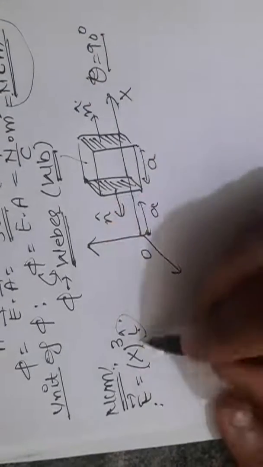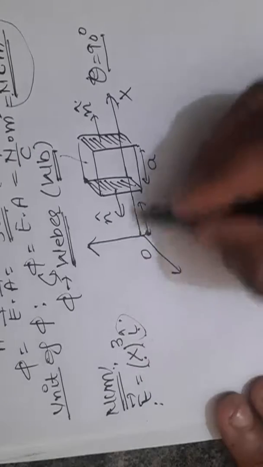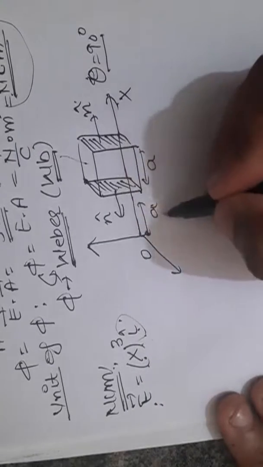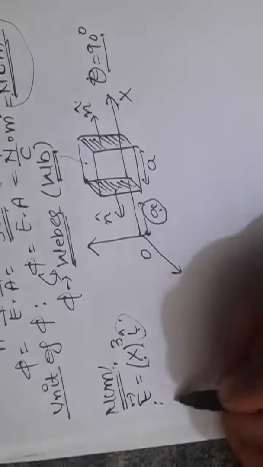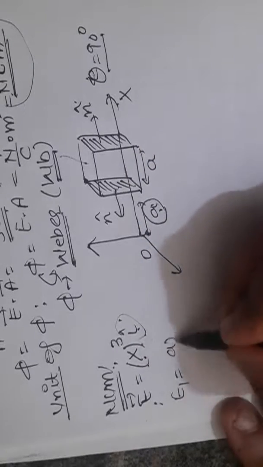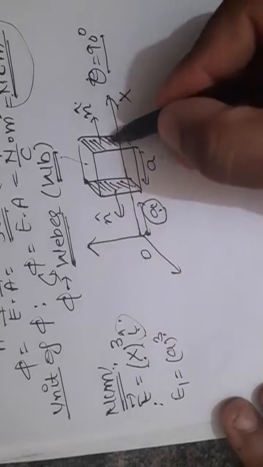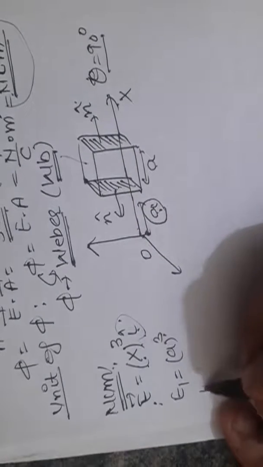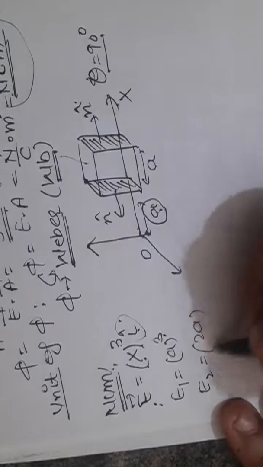My electric field varies as the distance changes from the origin. So first I find the electric field at this point by putting x equal to a. E1 will be a cubed. For the other point, the distance from the origin is a plus a, which is 2a, so E2 will be (2a) cubed.